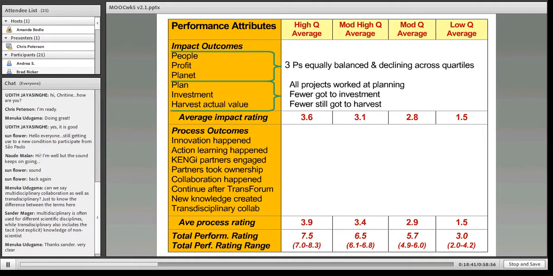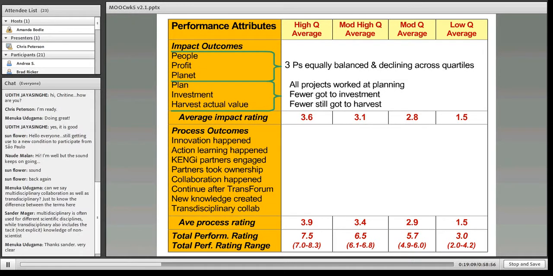And in addition, we did see the pattern that all projects at one level or another worked at the planning activities, but fewer got to the investment stage and fewer still got to the harvest stage. That is, actually achieving the values that were planned for. So we have a great mix of projects in terms of performance.